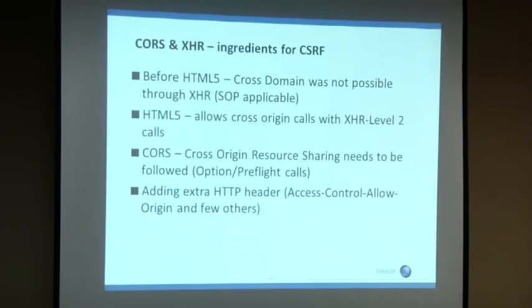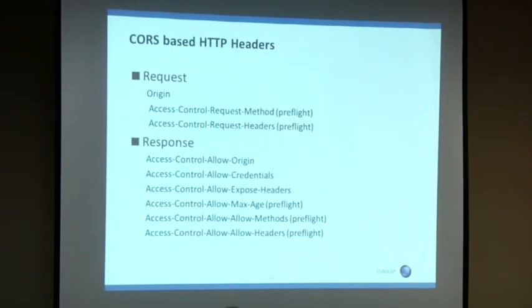But with XHR level 2, this has been allowed. So now you can communicate with the cross domain, provided you follow CORS. CORS is the cross-origin resource sharing policy, and the policy is implemented in such a way that it will do a pre-flight negotiation before making the actual HTTP call. So it has added extra headers like this. It has added HTTP request headers.